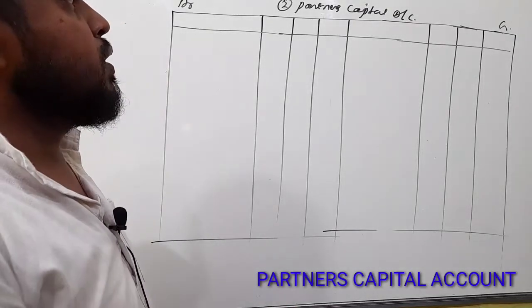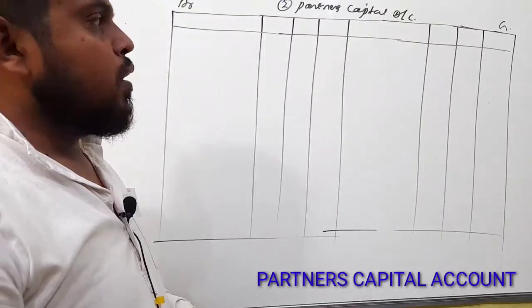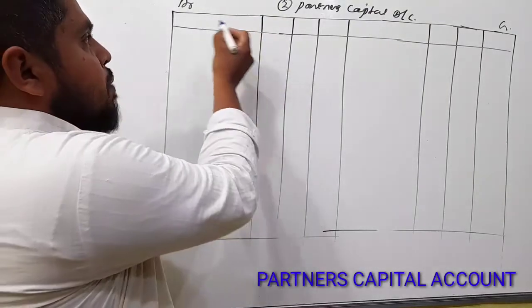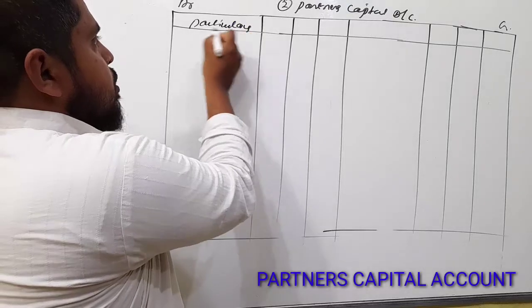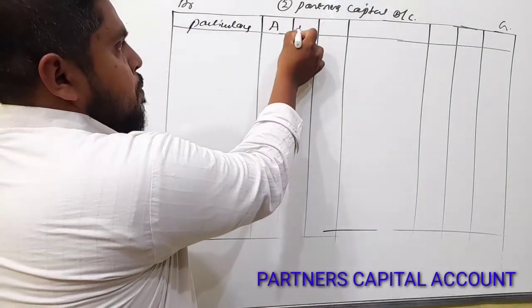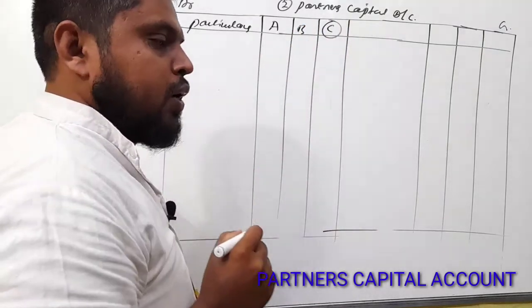Now second step, partners capital account. So this is combined partners capital account of a partner. So A, B, old partner, C, the new partner here.